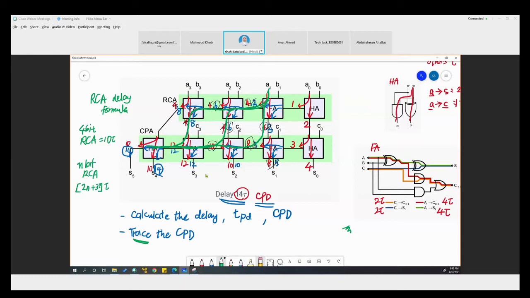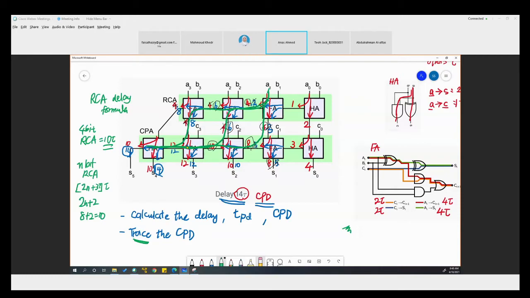Check again. I think it's 2n plus 2, because for a 4 bit RCA you will get 8 plus 2, which is 10. No, it's plus 3.